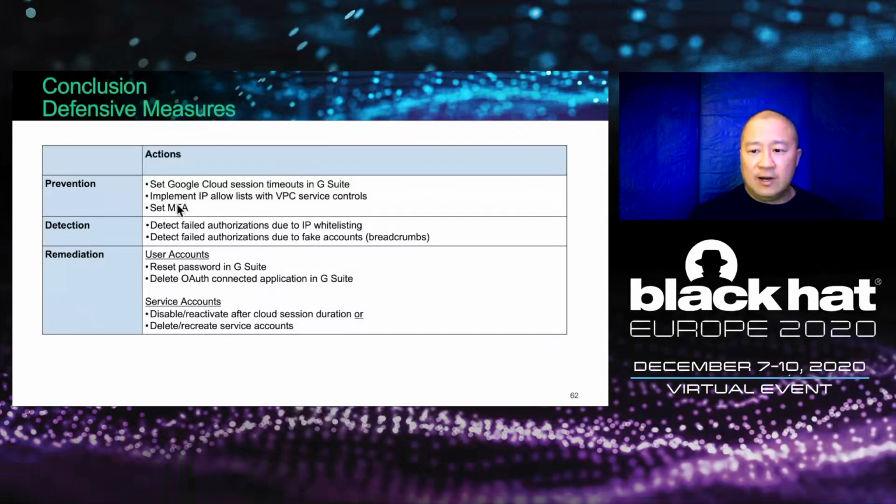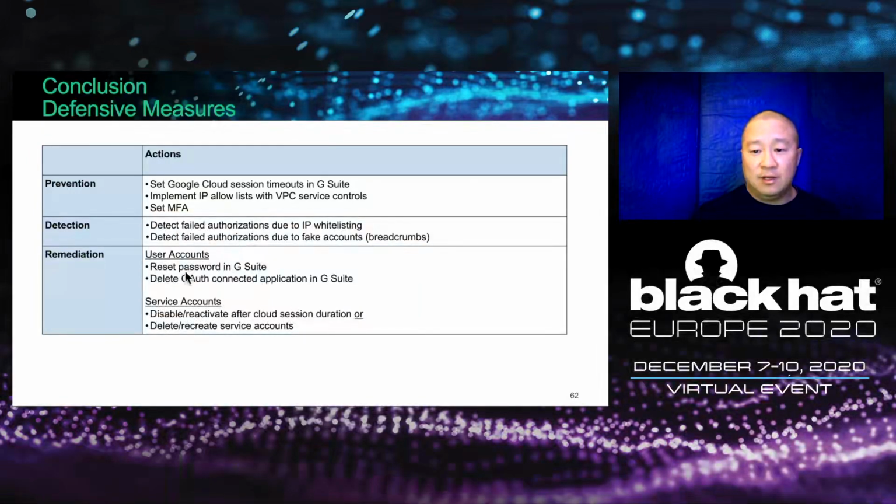Definitely set session timeout, implement IP allow lists, use MFA so that after a timeout, you have a higher level of authentication controls in place. Detect failed authorizations due to your IP whitelisting, as well as try to be proactive and install fake accounts or breadcrumbs in every CLI install by just manipulating the credential cache directly.